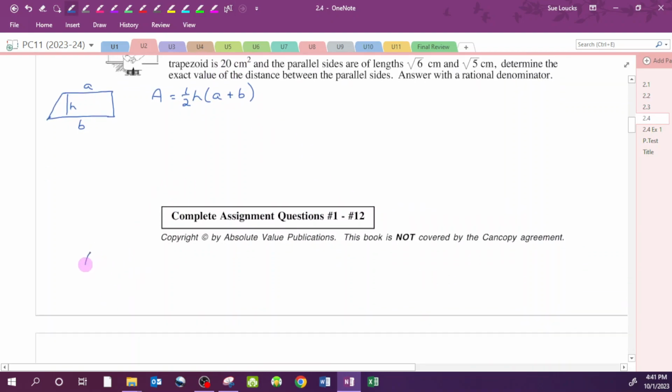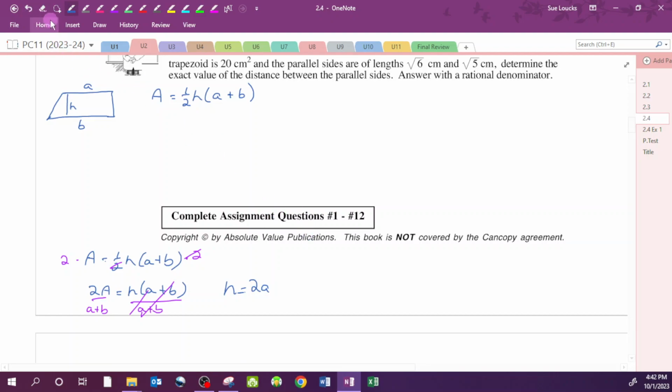So if I've got A equals 1/2 h times a plus b, I'm going to multiply this side by 2 and this side by 2, and then those 2's cancel out, and I have 2A equals h times a plus b, and then I'm going to divide this side by a plus b, and I'm going to divide this side by a plus b.